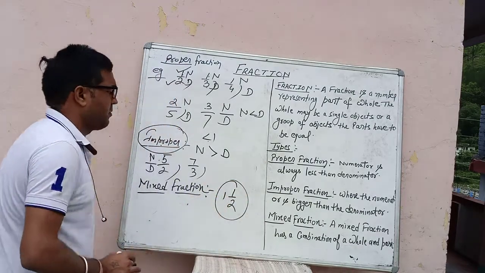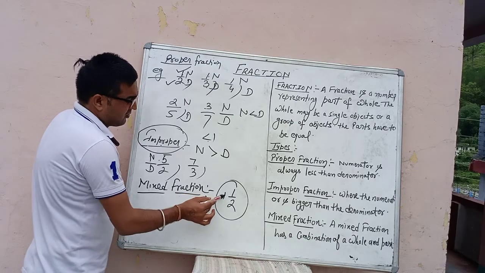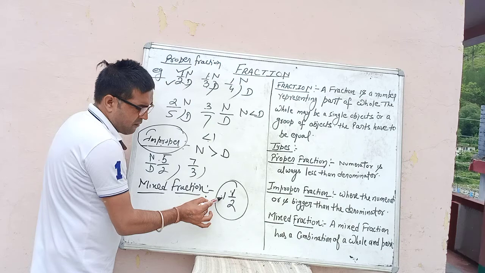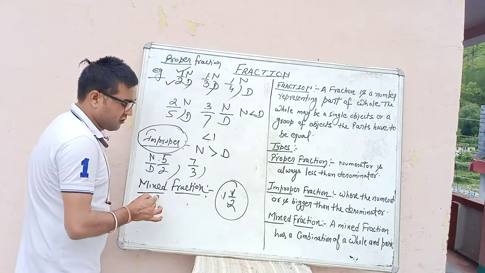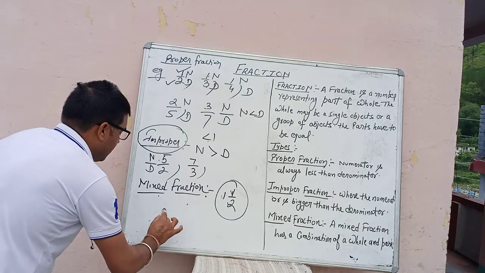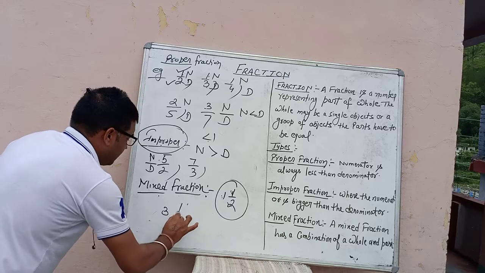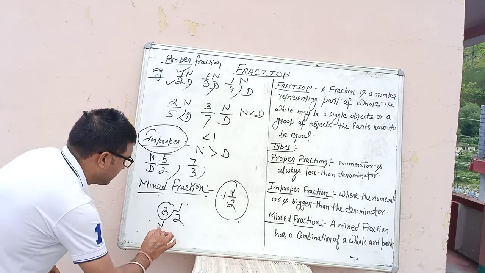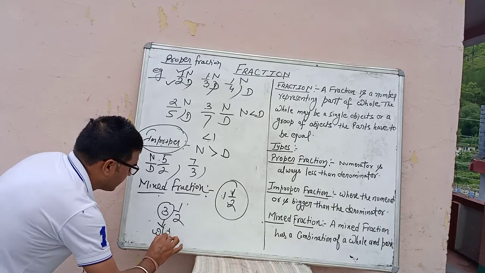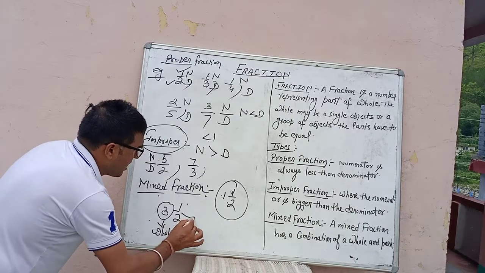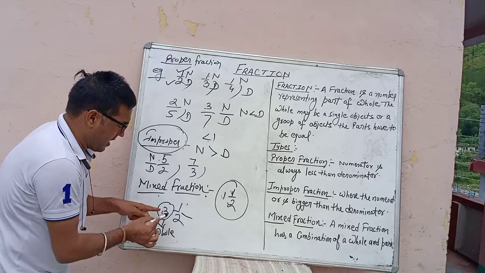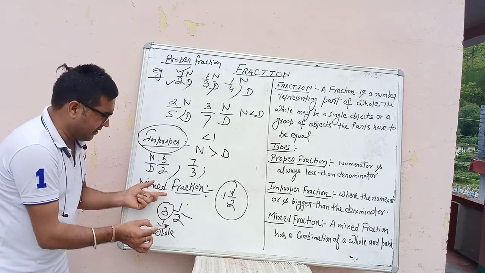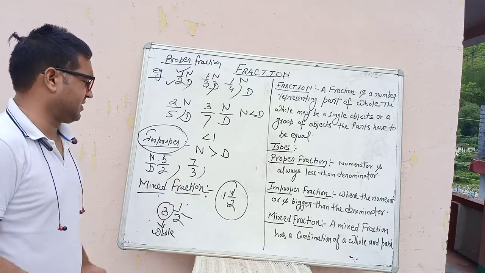This is a combination of a whole and a part, which is called a mixed fraction. For example, this is 3 and this is 1 by 2. So this is the whole part and this is the fractional part. A combination of a whole and a fractional part is called a mixed fraction.